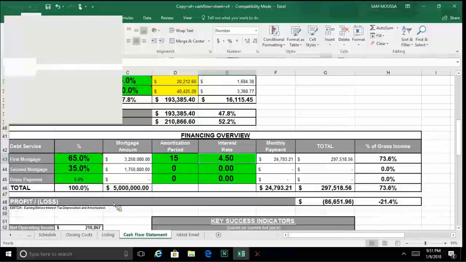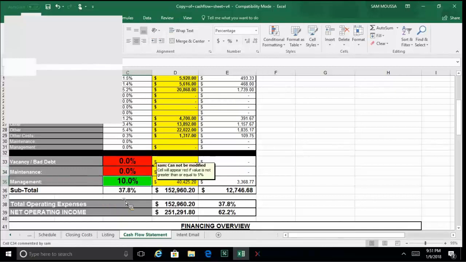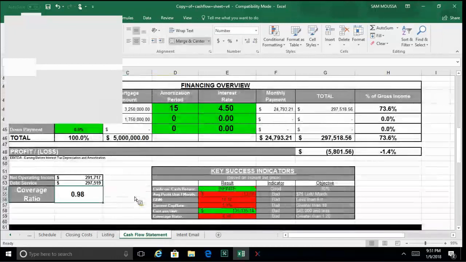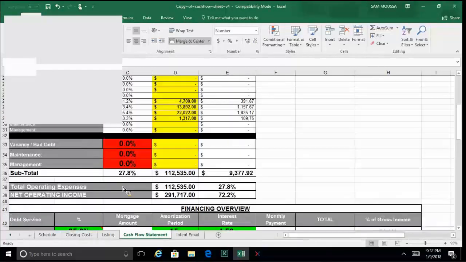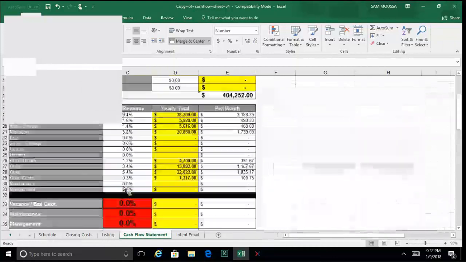We're doing 65% through the bank, 15-year amortization, 4.5%. We say, look, vacancy, let's make that a zero because there's just no vacancy in this area. Maintenance, we'll figure it out as we need it. And management, we'll manage it ourselves. So you're bringing all these things down to try to make these numbers work, and you see, look, it's breaking even.